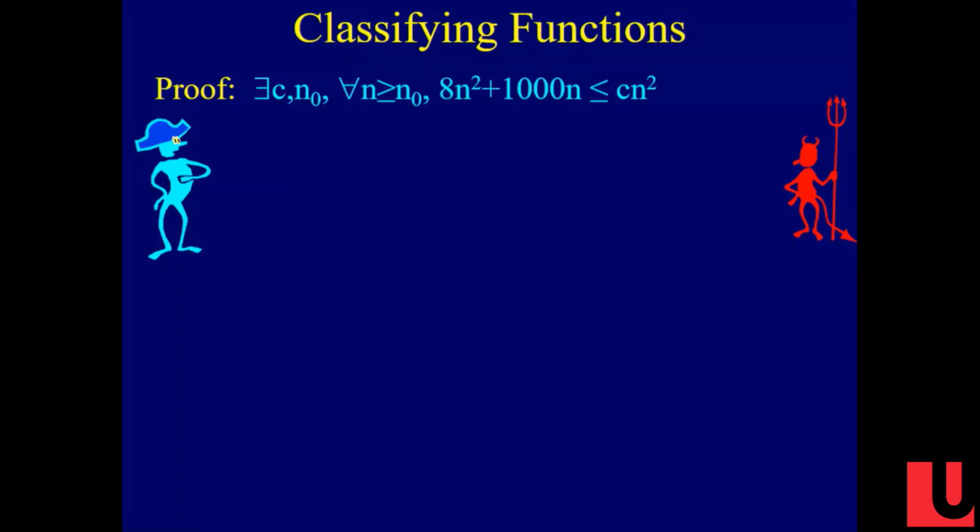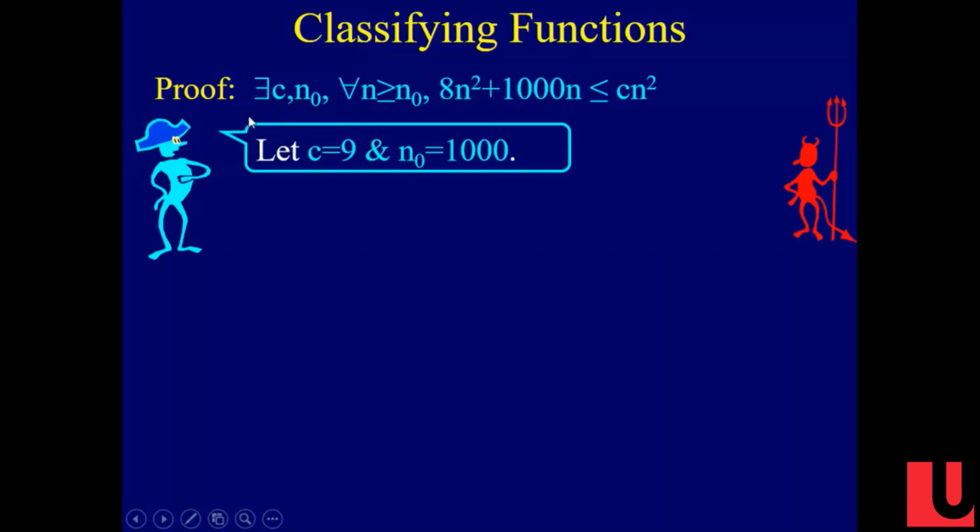And how do we prove this? We prove it by coming up with these values. And there's a toss-up here. Sometimes you can make the C bigger and the n not smaller, or you can play it. I like to make my c as small as possible. And why did I make it 9? Well, 8 just won't do the trick.